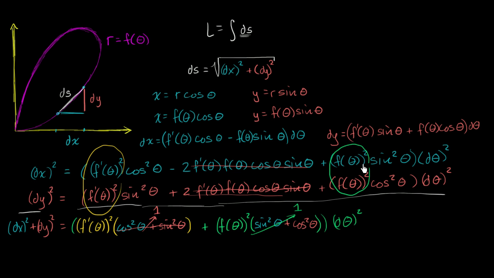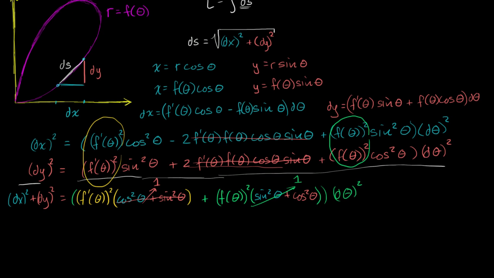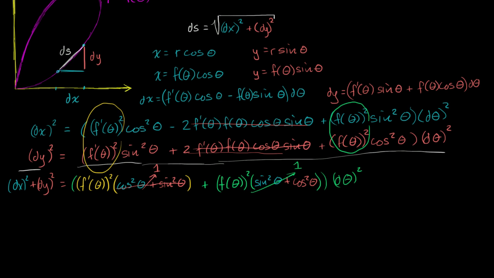You can almost view these as the coefficients on d theta squared, and we added those two coefficients. So this is going to clean up nicely now. So this simplifies as dx squared plus dy squared is equal to f prime of theta squared plus f of theta squared.